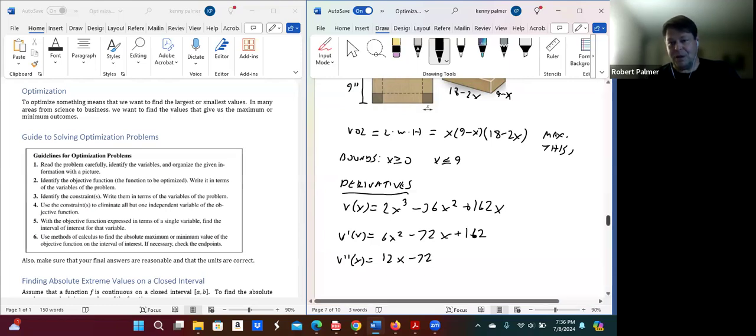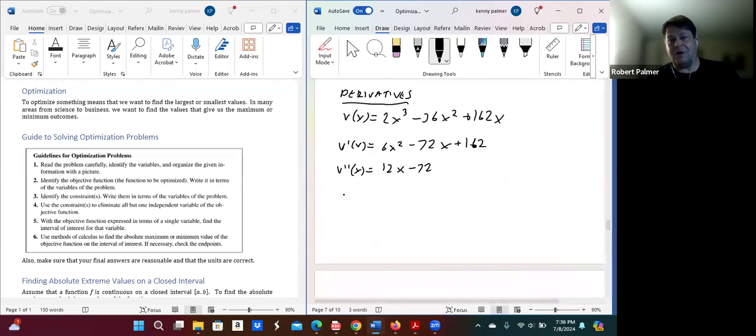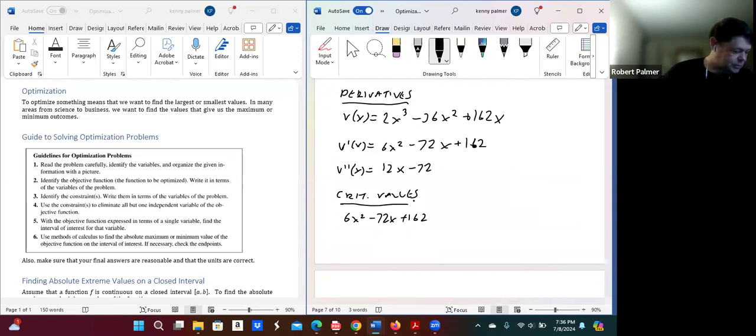Okay. Then, once again, we want to find our critical values. We set this equal to 0 and solve. So 6x squared minus 72x plus 162 is 0. And fortunately, this will factor. I'm going to show you the factored form.